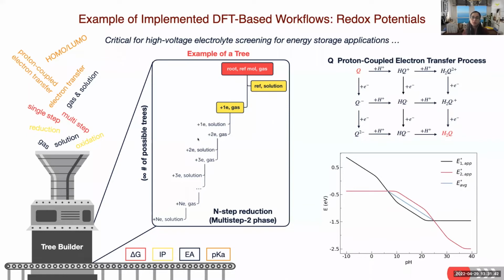Here is an example of a tree where one can perform n-electron calculations either in gas phase or solution phase, or using a thermodynamic or thermochemical cycle. And here is an example of a thermochemical cycle for a redox active molecule, and the resulting equilibrium diagram for the first and second electron transfer process as a function of pH.